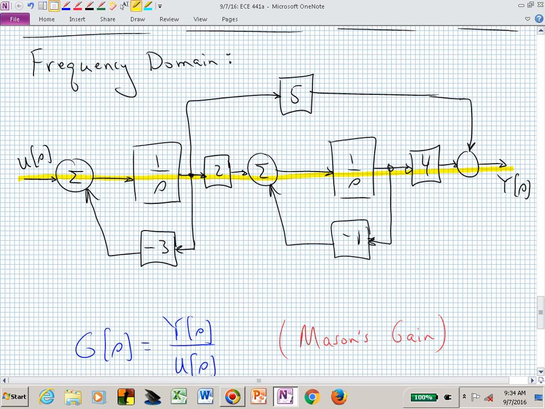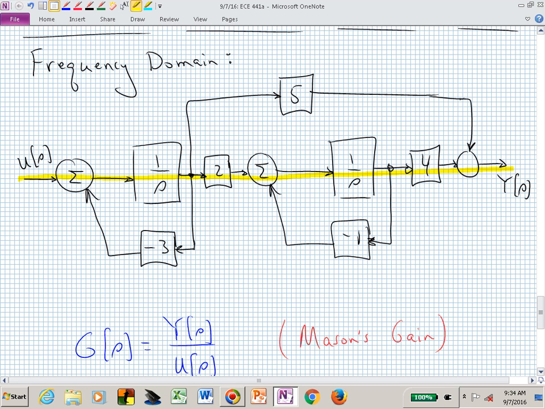If I just follow from U to Y, what do I pick up? I pick up a 1 over S, so that's a part of my path. I pick up a 2, so I now have 2 over S. I pick up another 1 over S, I now have 2 over S squared. And finally, it scales by 4, so I have 2 times 4, or 8, over S squared.